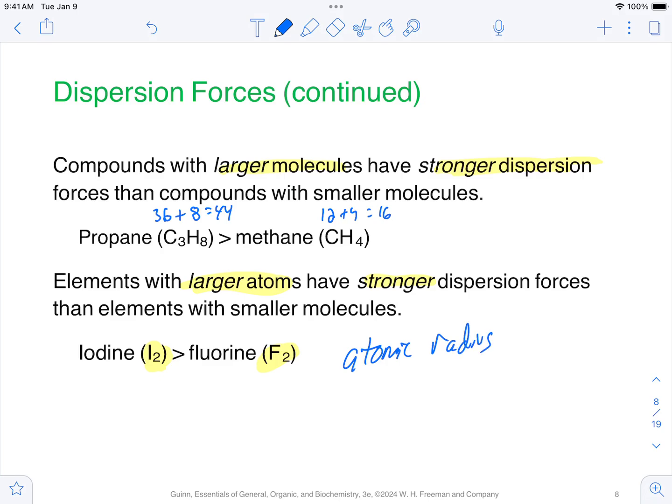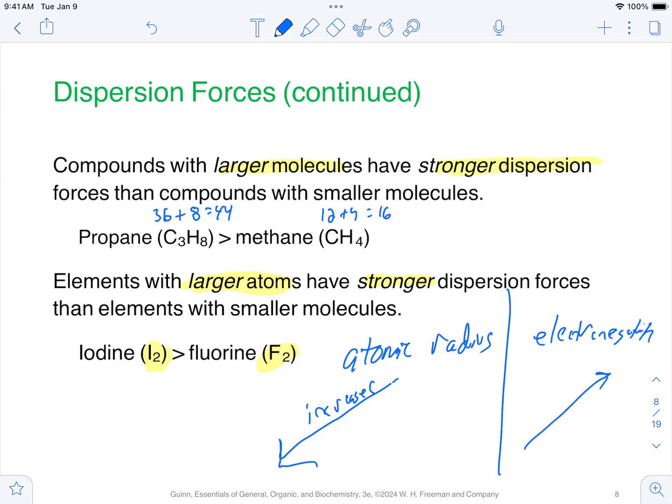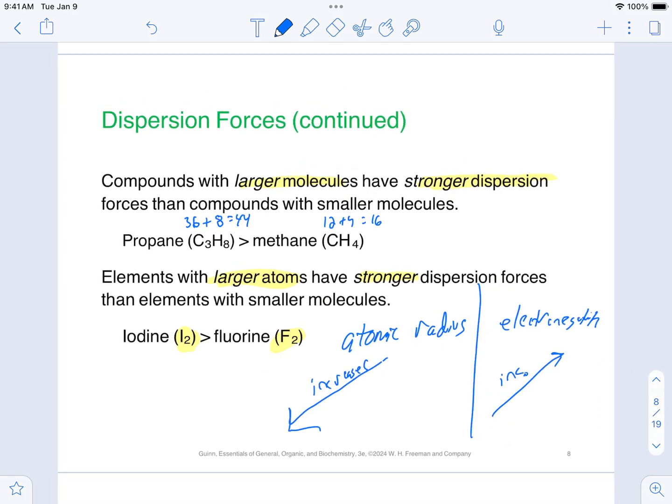The trend for atomic radius on the periodic table: down a group and to the left in a period, atomic radius increases. So it increases down and to the left. The exact opposite of electronegativity, if you recall, that increased to the right and to the top. So this is the exact opposite trend.